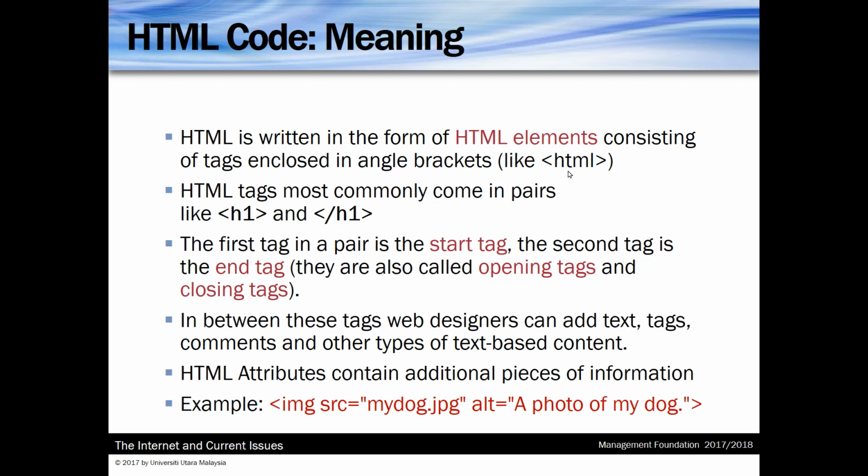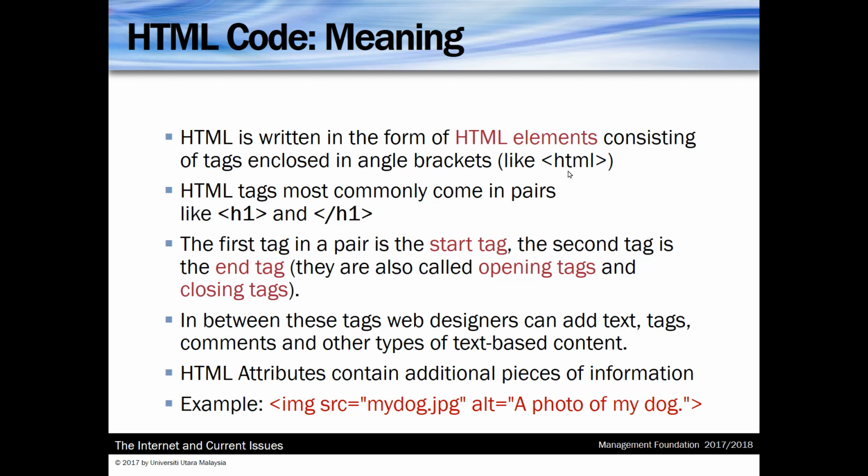For example, <h1> is the open and </h1> is the close. The first tag in a pair is the start tag, and the second is the end tag. These are also called opening tags and closing tags. In between these tags, web designers can add other tags, comments, and other types of text-based content.